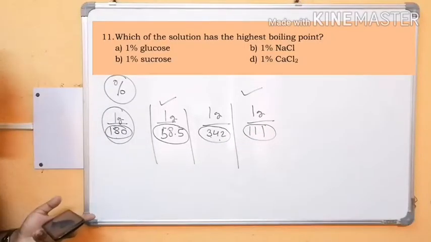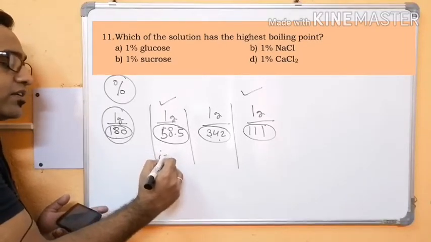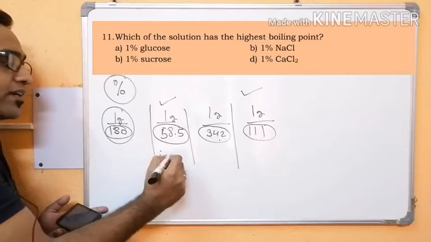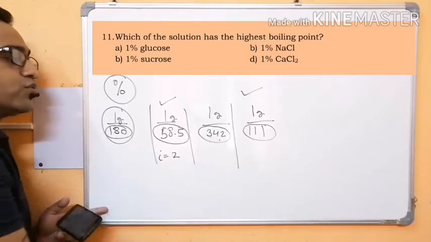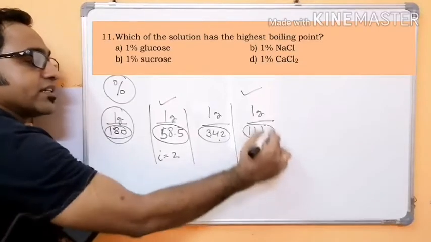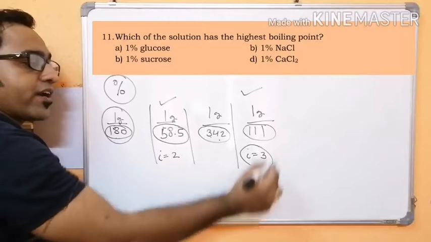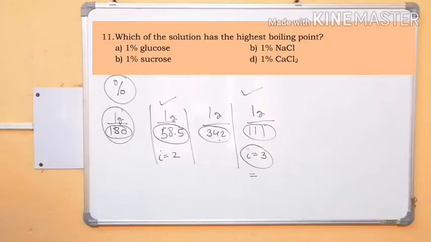So now we have to consider what the i value is, because that i needs to be multiplied. For sodium chloride i is 2, for calcium chloride i equals 3. Now if you calculate 1 divided by 111 into 3, you will find the molarity will be higher. Let me check in the calculator.